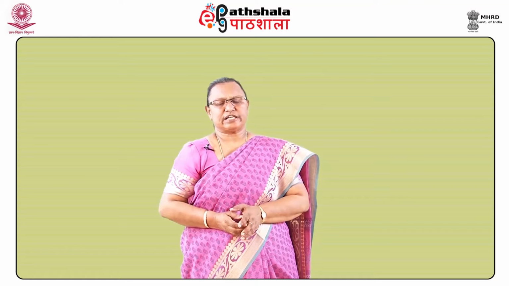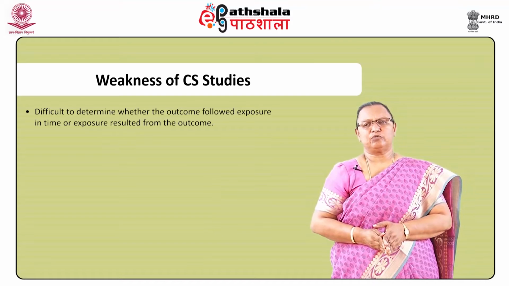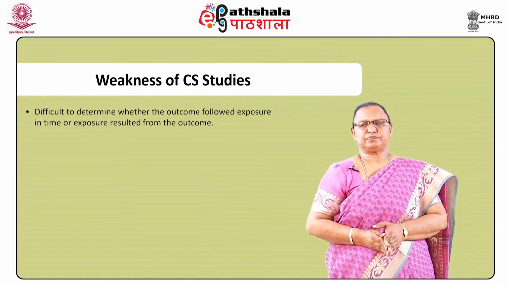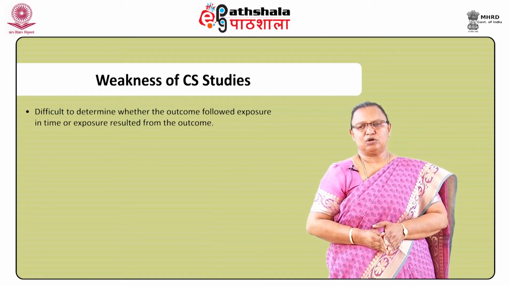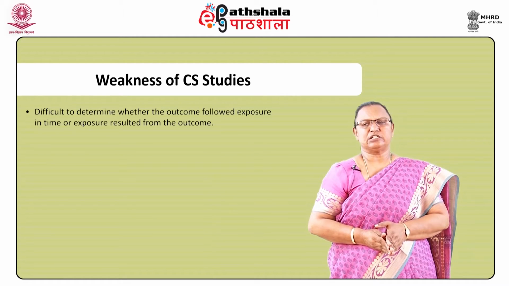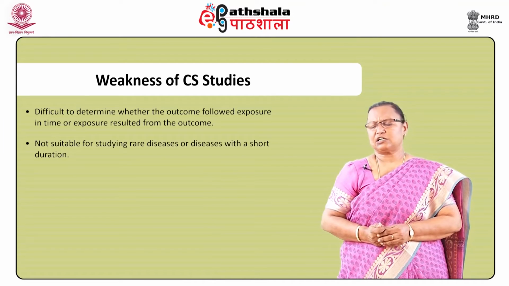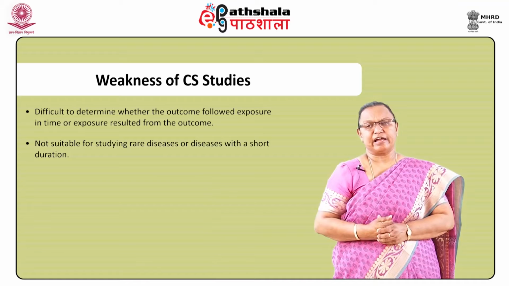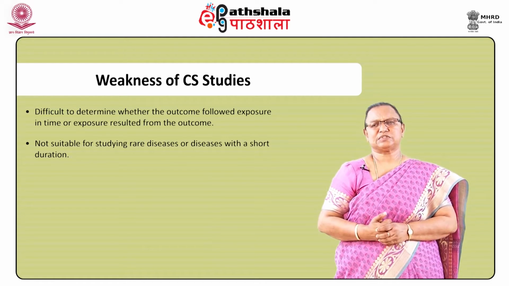Now, though cross-sectional studies have so many strengths, there are some weaknesses which we should also know. It is difficult to determine whether the outcome followed the exposure in time or the exposure resulted from the outcome. They are not suitable for studying rare diseases or diseases with a short duration.